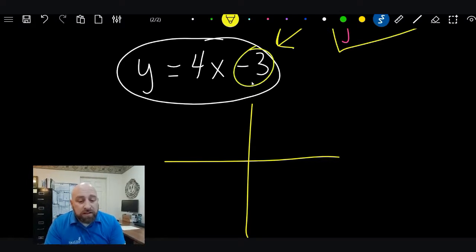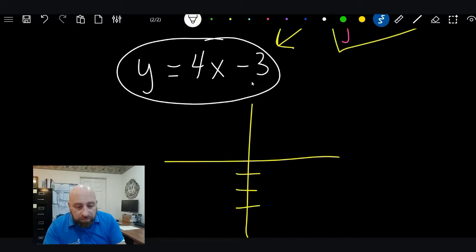Remember, this is the y-intercept, and so it's going to be -3. 1, 2, 3. So we're going to have a point here at -3 because that's where it intercepts the y-axis. And then our slope is 4, or don't forget, it's always 4 over 1.